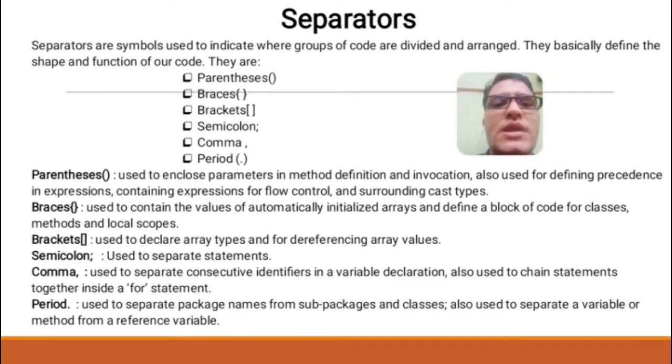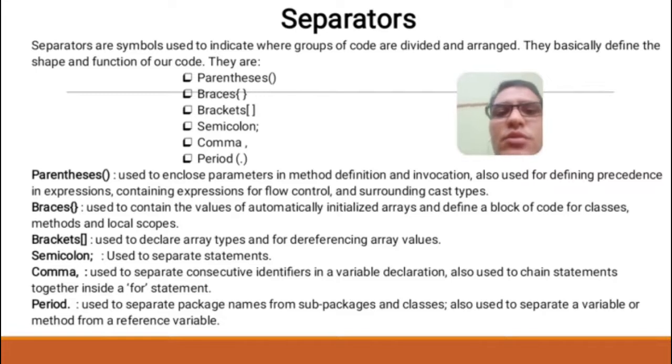The next separator is brackets. These are used to declare array types and for different array values. As you have seen in your main method, public static void main String args, we have used parentheses as the method declaration, and String args we have declared as an array of a string data type, isn't it?